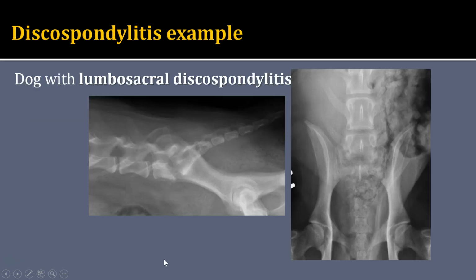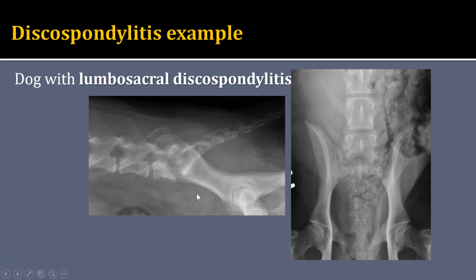Here are orthogonal views of a patient with lumbosacral discospondylitis. The lumbosacral site is actually one of the more common sites where we might see this discospondylitis. We have to be sure that we look critically to distinguish this from lumbosacral disease.